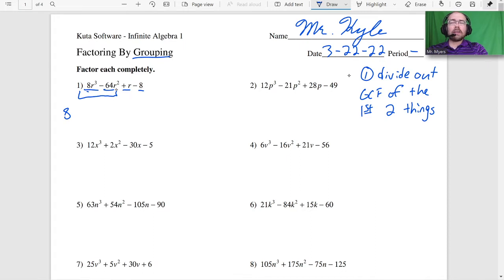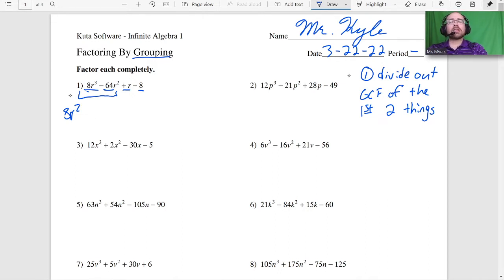Now for the r's, you kind of almost have the opposite mentality, which is a little weird, but you want to take the smallest power of the letter they have in common. They both have r's in common. You take the smallest power of that because that's the biggest power you can take out of both. So even though it's kind of the opposite mentality, it still ends up being the same thing.